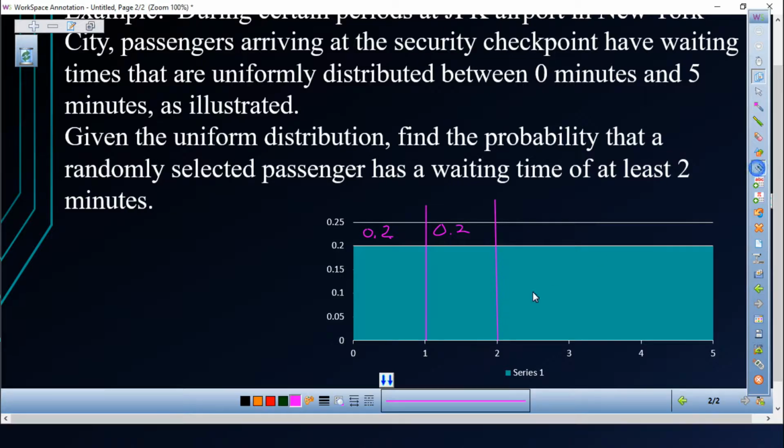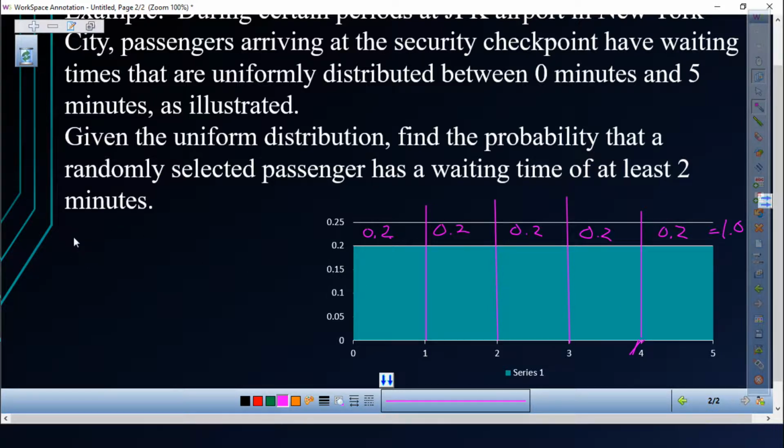And so on and so on. So all of these have an area of 0.2. Well, if you add them up, that equals 1.0. Okay, so the entire area of this is 1.